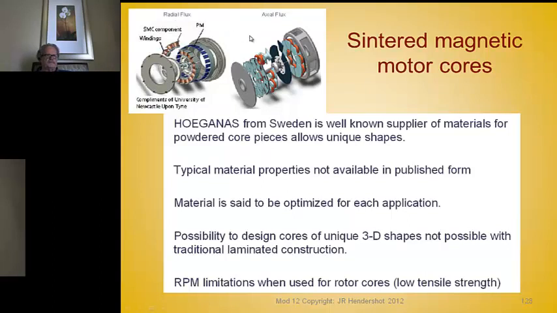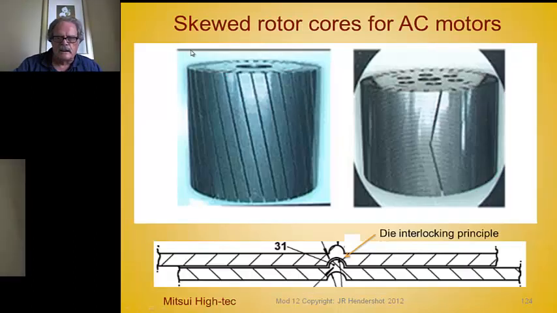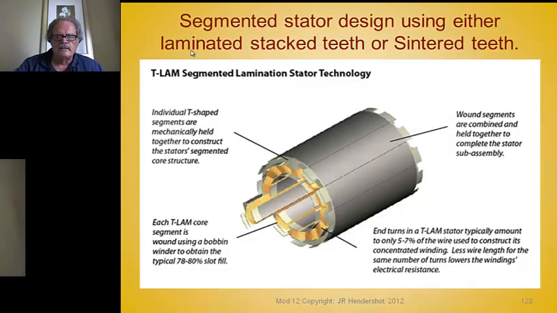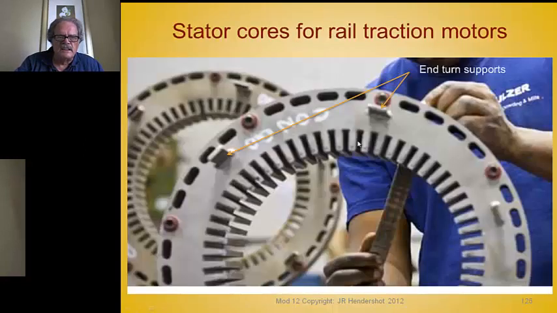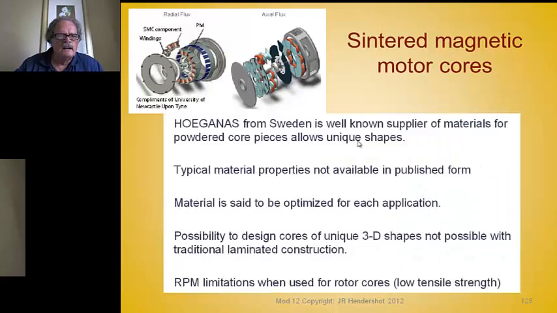It's popular in some axial flux motors. These are both axial flux motors. You see those little pole pieces there? This is a radial flux. This one's axial flux, but I showed you this in a previous slide over here. Yeah, this one right here. These pole pieces are sintered, and this is a shorter version of it.